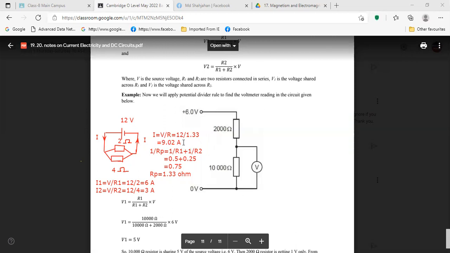Here you understood, Monica? Yes, sir. Then the current is divided here according to the resistance. Our resistance here is 2 ohms, and voltage is 12 volt, because they are in parallel. So we calculated it's coming 6 ampere and 3 ampere. Where the current is more, we get less resistance, right?